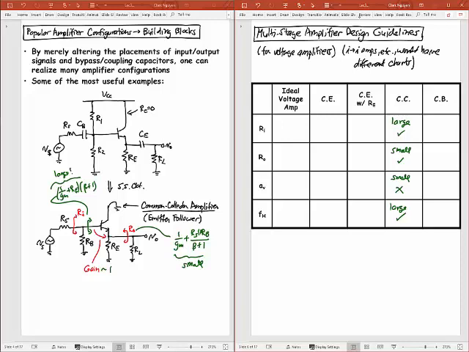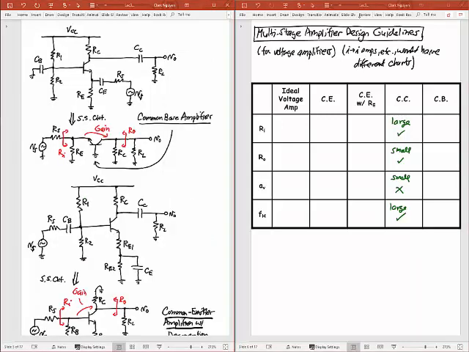The next one I have here is our common base amplifier. Let's do the same kind of thing with this. I've got that input resistance there. What is that input resistance if I'm looking into the emitter of this transistor? You guys have forgotten your inspection analysis? R naught? No, it's not. You're looking into the emitter. R naught is looking into the collector.